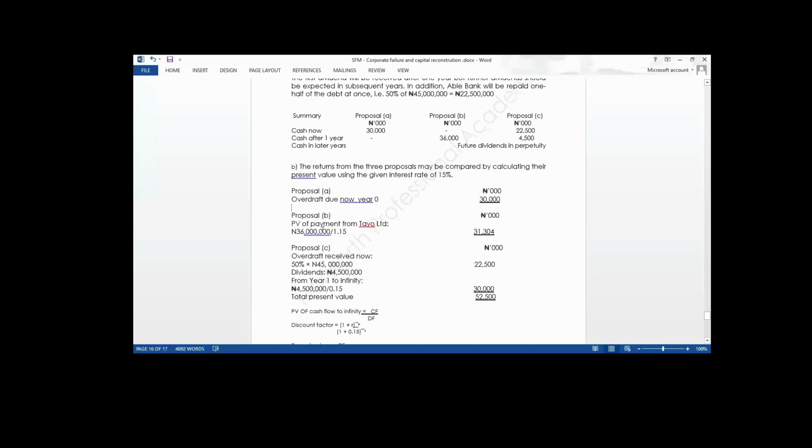Present value of cash flow in year 1, Tayo Limited's offer. Please compute at a 15% discount rate. Get the discount factor for us. Let me have the 15% discount factor for year 1. I'm asking the class.